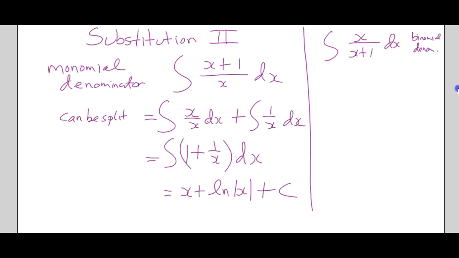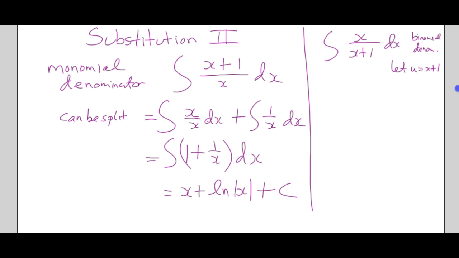So what we're going to do is let u equal x plus 1. Now, you look at it and you say, okay, so on the bottom you're going to have a u. And up top, I don't know what you're going to have, right? Because you can't have an x and a u. We can't rewrite this and have the integral of x over u, d whatever, d what?